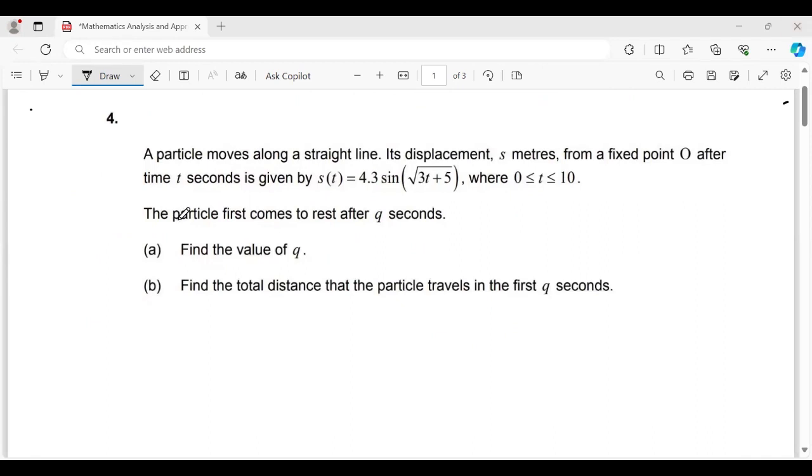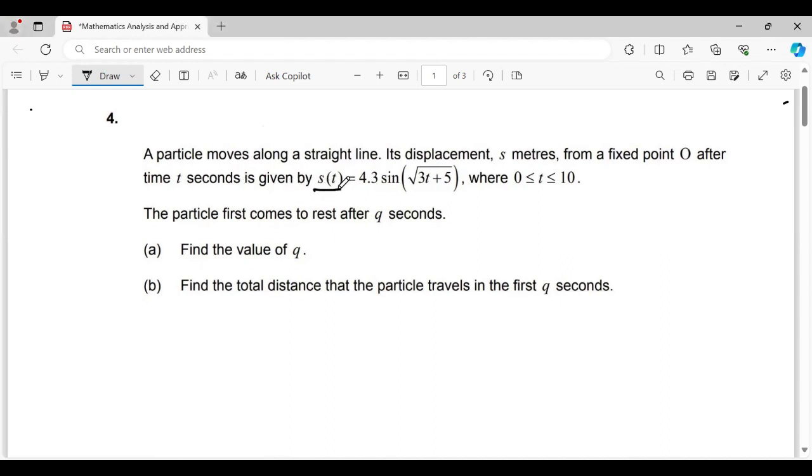Number 4, a particle moves along a straight line. Its displacement s meters from a fixed point O after time t seconds is given by this function.